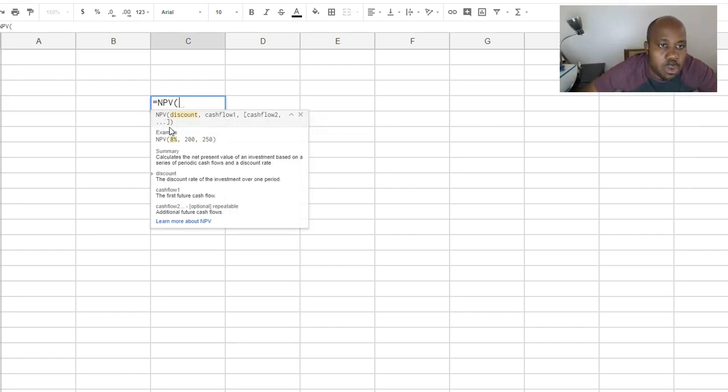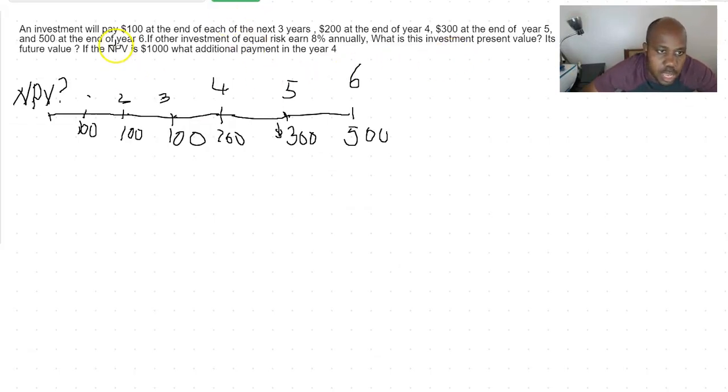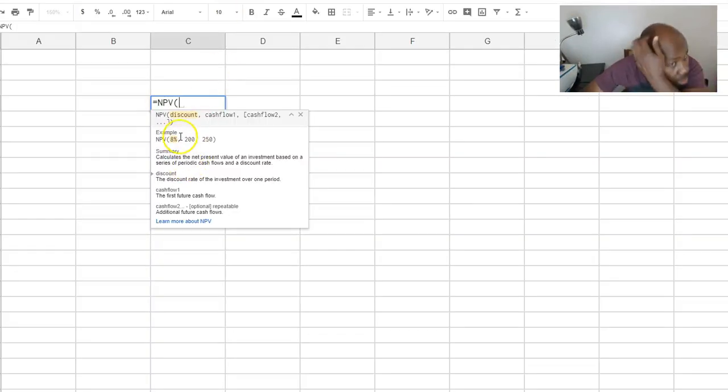So first, they're asking for the discount rate. That means the discount is the interest, which is 8%. In decimal value it's going to be 0.08.